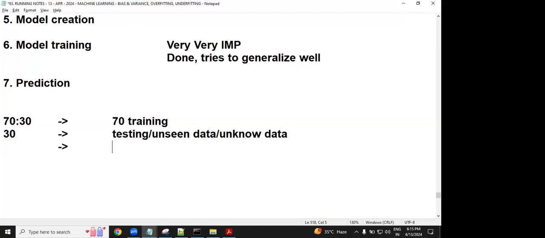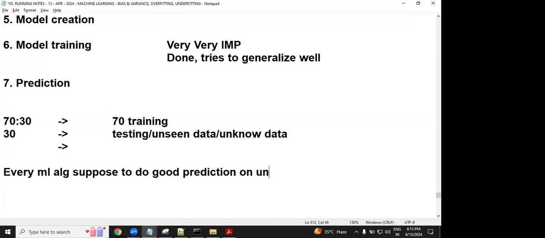Every ML algorithm is supposed to do good prediction on unseen data. This means generalize well.